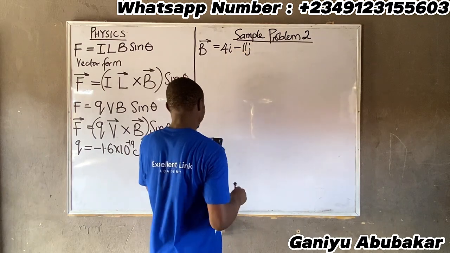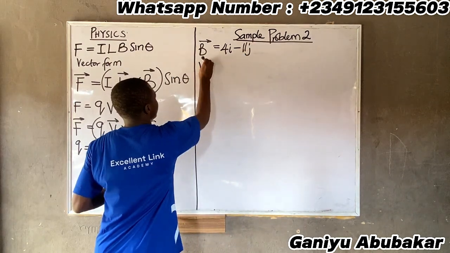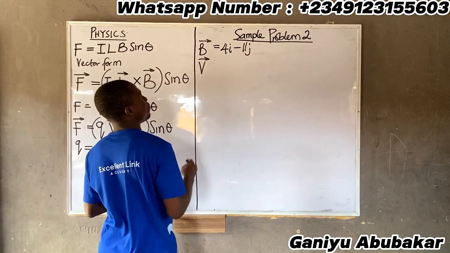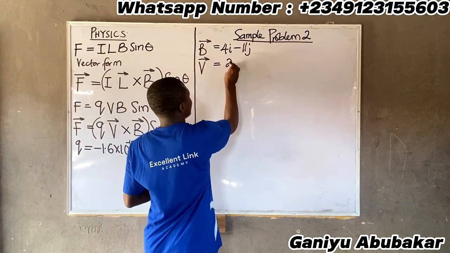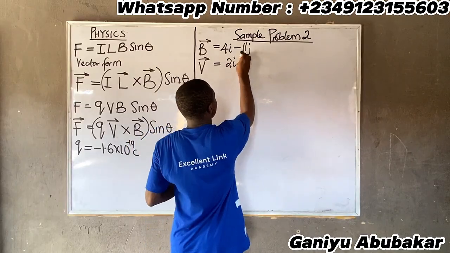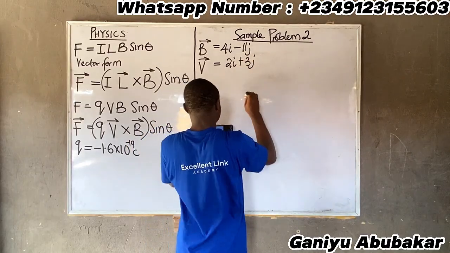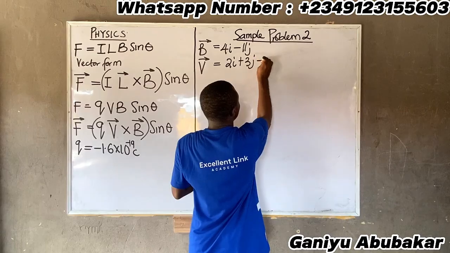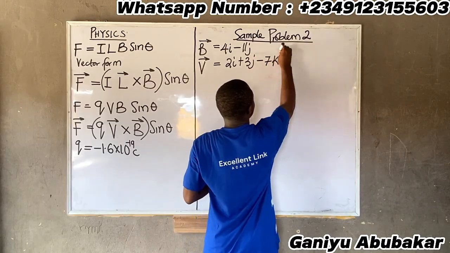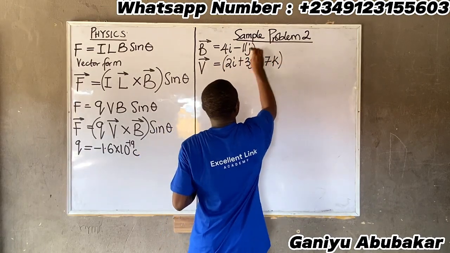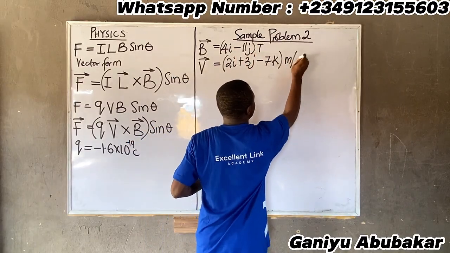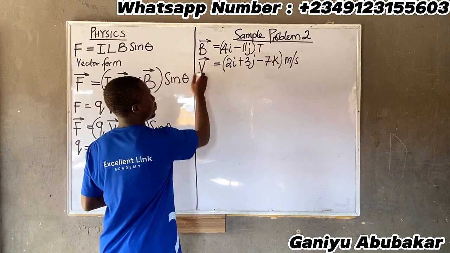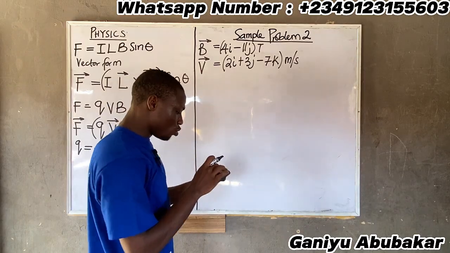That was the value given for B. We also have the velocity V, also given in vector form, equal to 2I plus 3J, of course, minus 7K. B is in Tesla. V is in meter per second. I'm given these two things here.